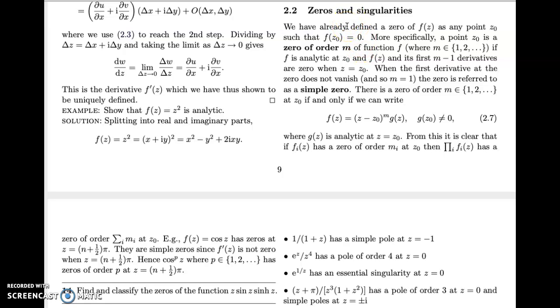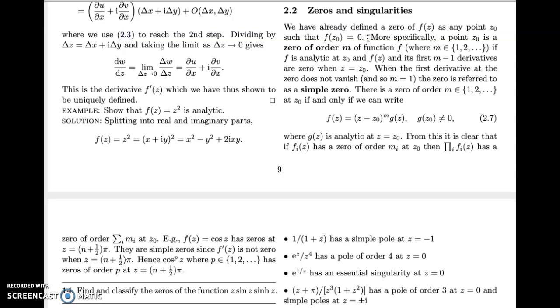So we've already defined a zero of f of z as any point z0 such that f of z0 is equal to 0. The reason for talking about zeros is that, as we briefly mentioned, the singularities of a function are what we need to do this calculus of residues.